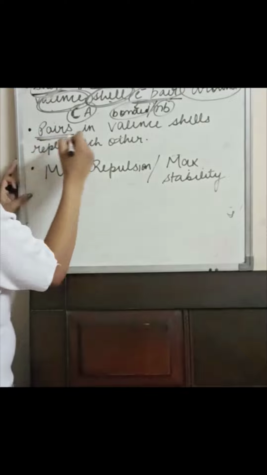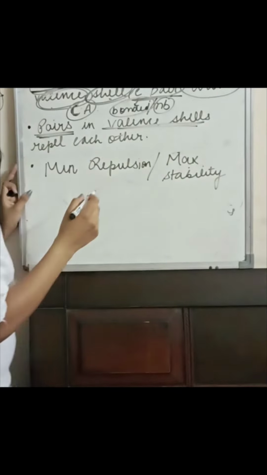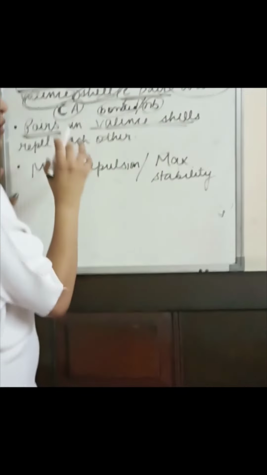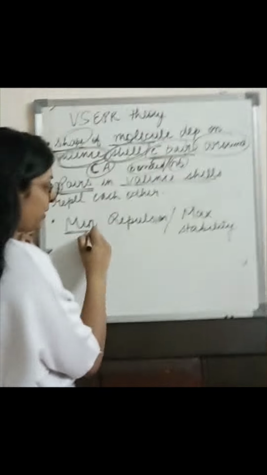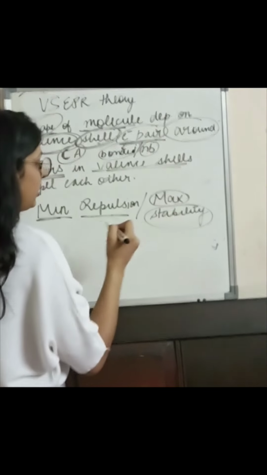Now we see that these pairs in the valence shell repel each other. So the position of these electron pairs is such that they have minimum repulsion and thus maximum stability.